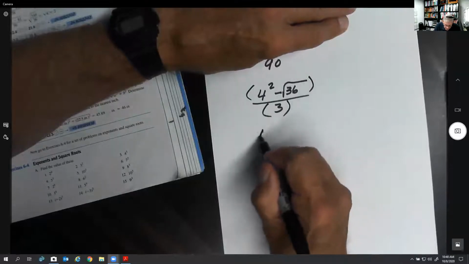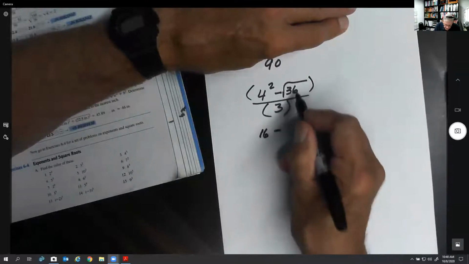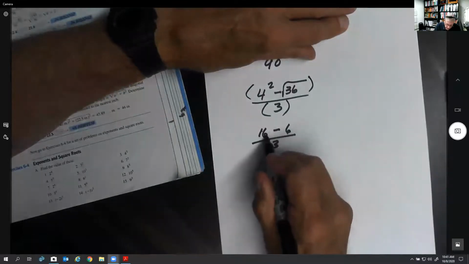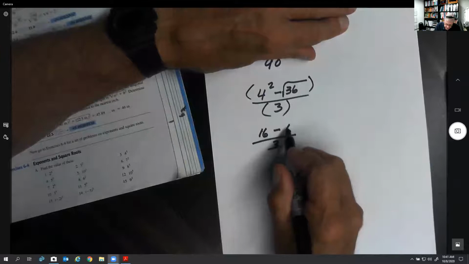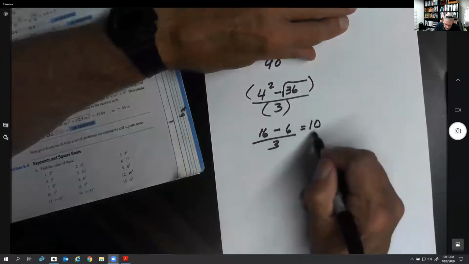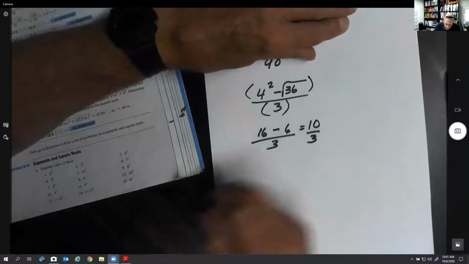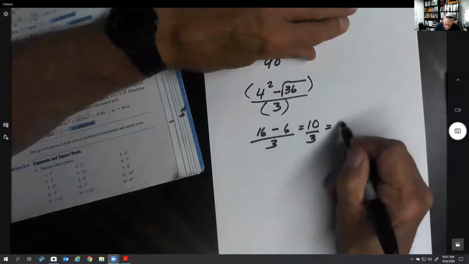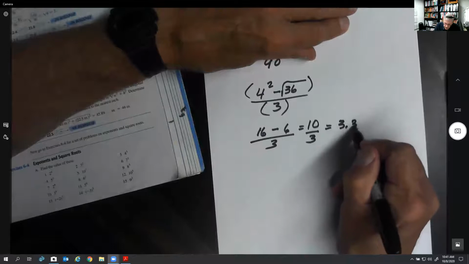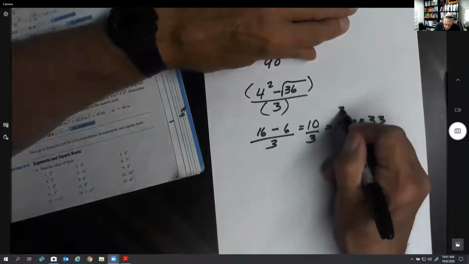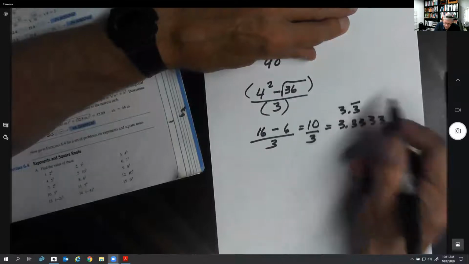So 4 squared is 16 minus 6 over 3. Then I'm going to subtract these. That would be 10 divided by 3. Should come out 3.333. It just keeps on repeating. So we could call it 3.3 repeating.